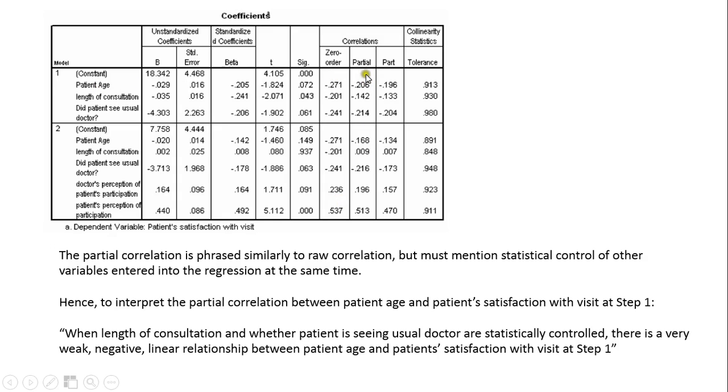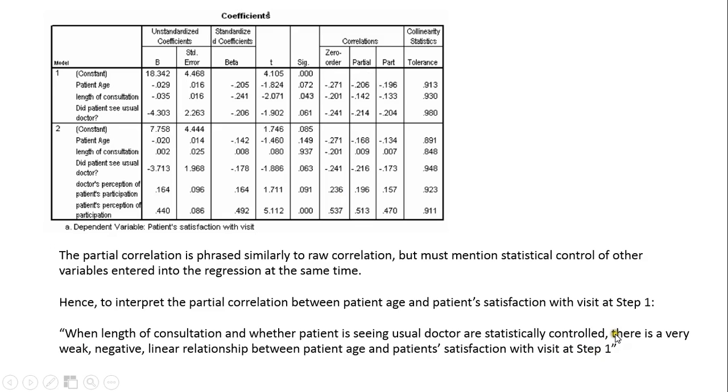Your partial correlation is here, negative 0.206. So we start by saying we're controlling for the other variables. So when length of consultation and whether patient is seeing their usual doctor are statistically controlled, there is a very weak negative linear relationship between patient age and patient satisfaction with visit at step 1.